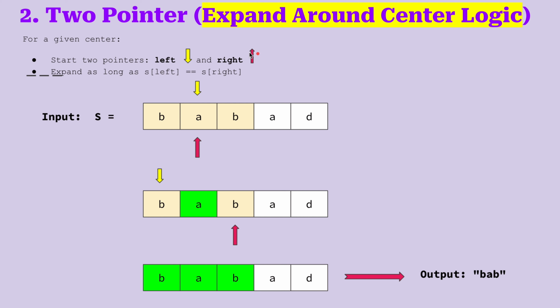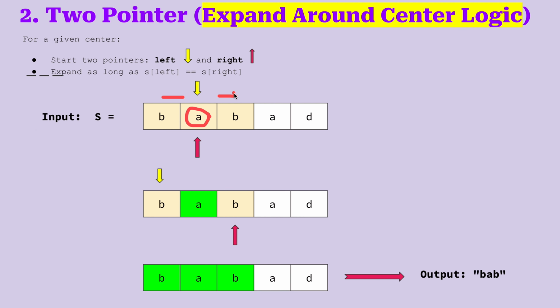If we consider this example, BAB, and take left and right both at the same index, at the A position, then the characters at left and right are equal. Then we'll expand this side and this side.